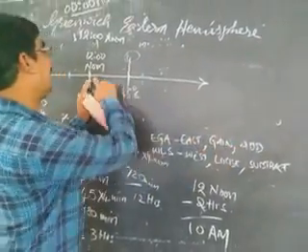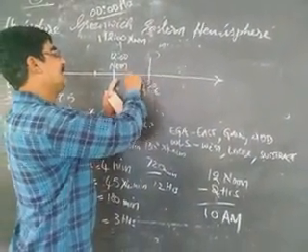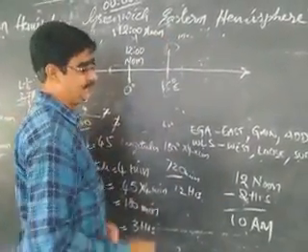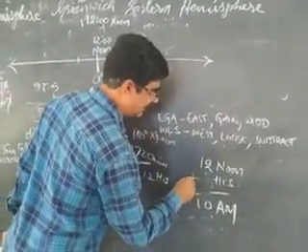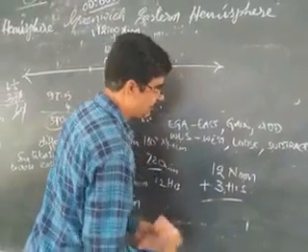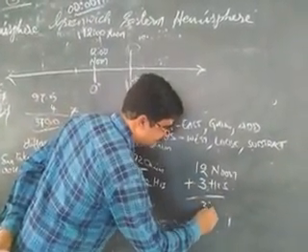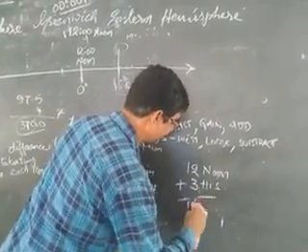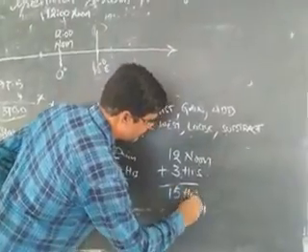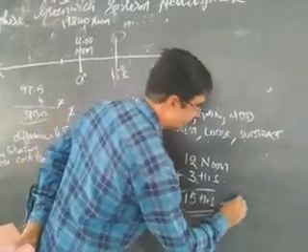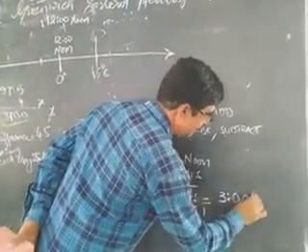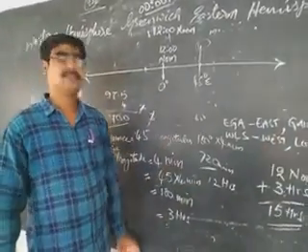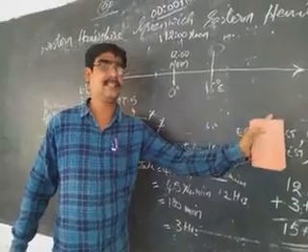The time gains, so automatically 3 hours add. 12 noon plus 3 hours is 15 hours. 15 hours equals 3 p.m. So in such a way, when we go towards the east, the time gains.